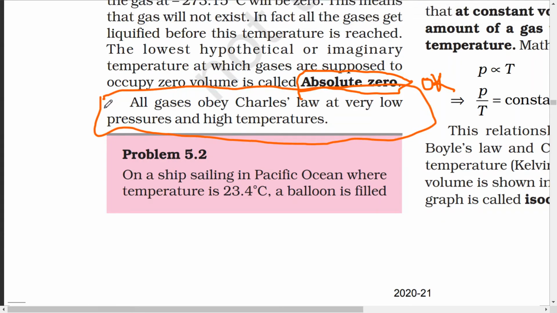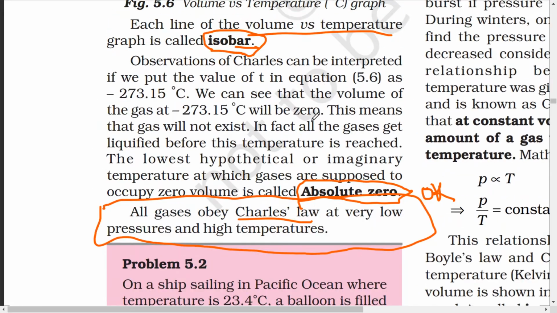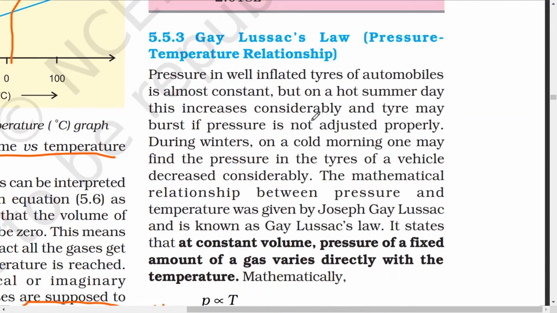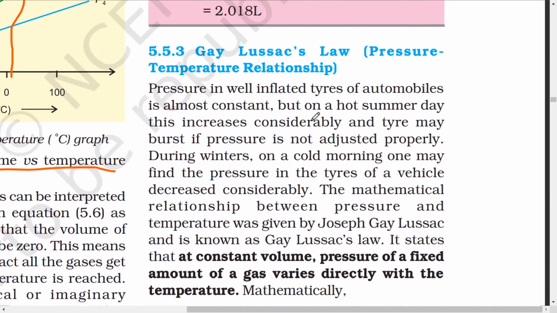If there is low pressure, then only Charles' law will work. If there is high pressure, then Charles' law will not work. Simple. There's no question, you can do it yourself.